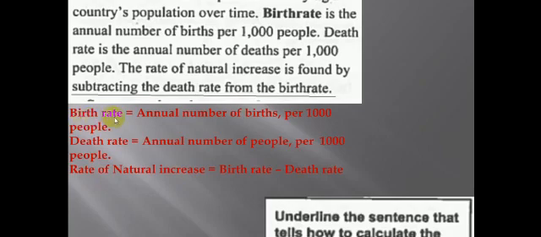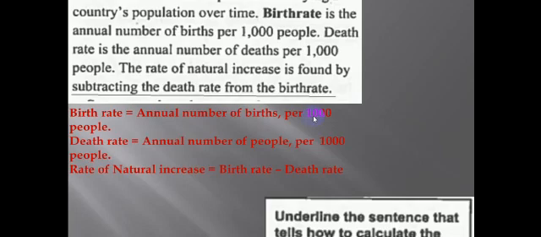Let's say 1,000 people living in one area. We will calculate the annual number of births. I mean, the 1,000 people in this area will have some births, new babies.